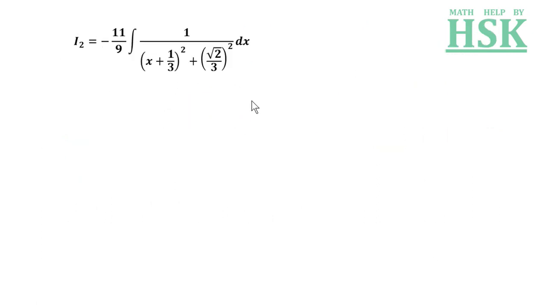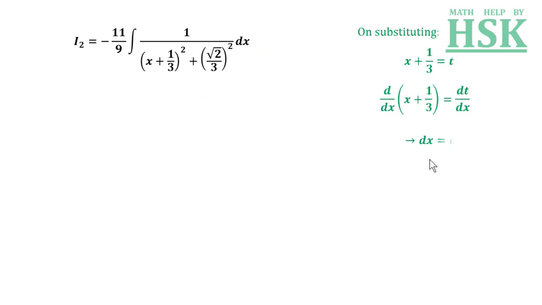Now to solve this integral, I am going to substitute x plus 1 by 3 as equal to t. Differentiating both sides with respect to x, I am going to get dx is equal to dt. So this will be equal to minus 11 upon 9, integral of 1 upon t square plus root 2 upon 3 whole square dt.